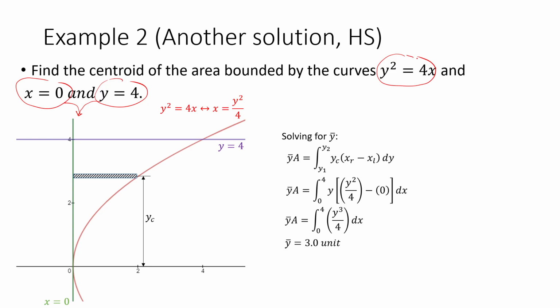And of course, you can help in simplifying your equations. So y squared equals 4x, if we try to isolate y, becomes y equals 2 square root of x. And if we try to isolate x to make it in terms of y, this becomes x equals y squared over 4.